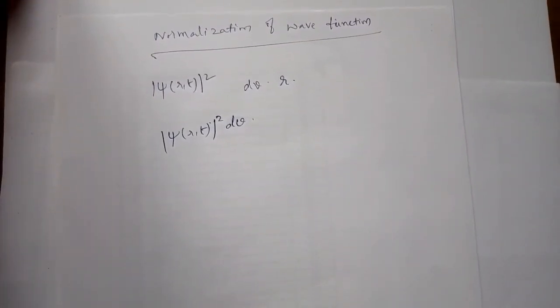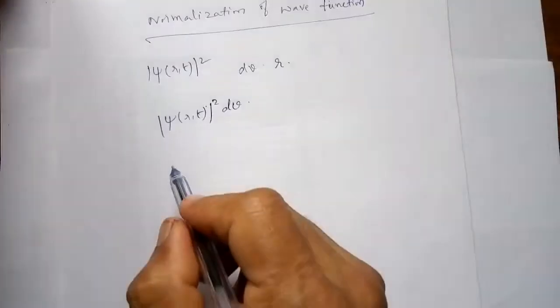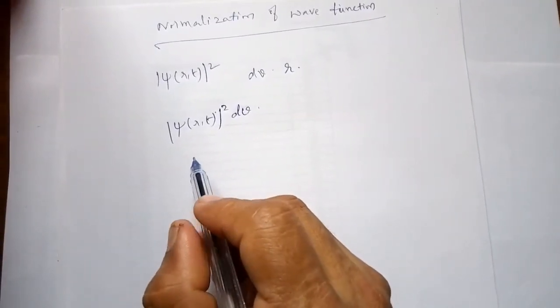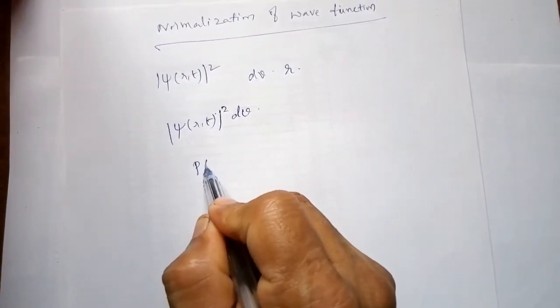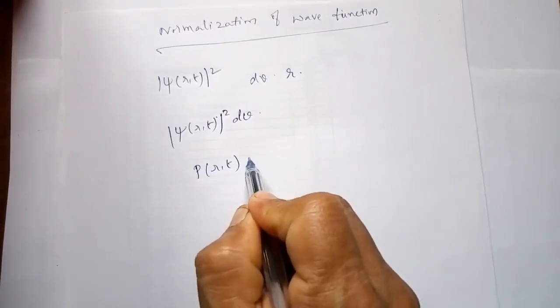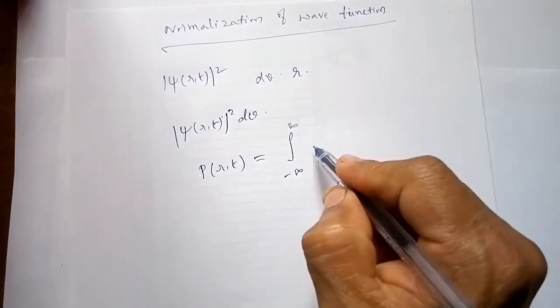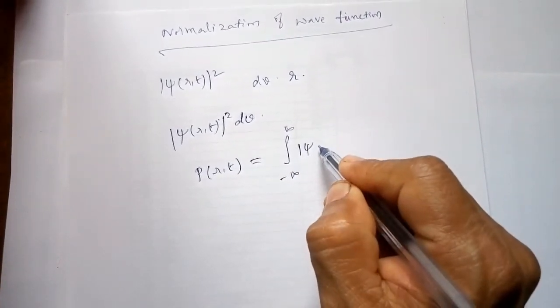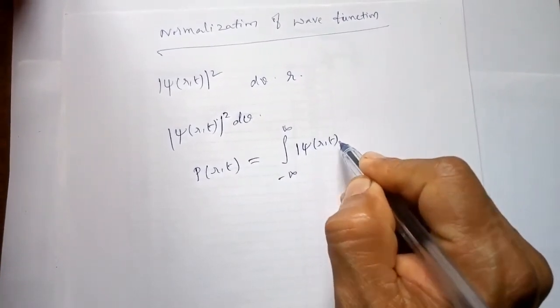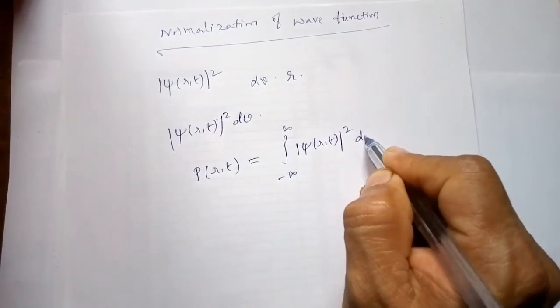Therefore the total probability over all space is P of r comma t, given by the integral from minus infinity to plus infinity of modulus psi of r comma t whole square dV.